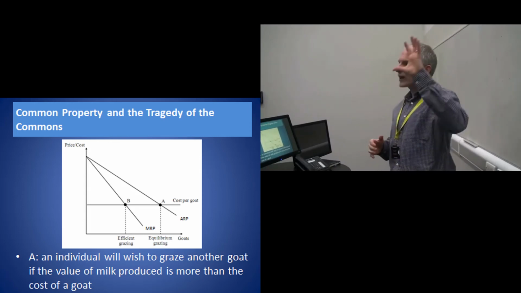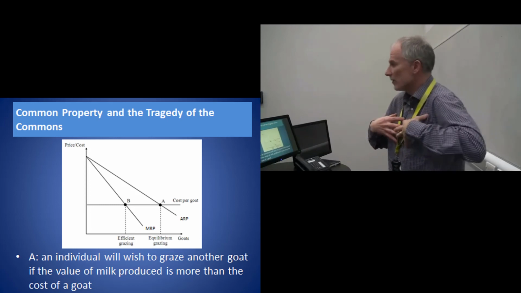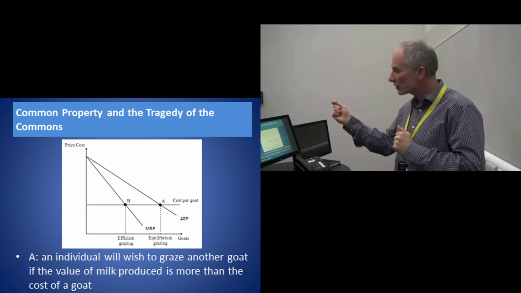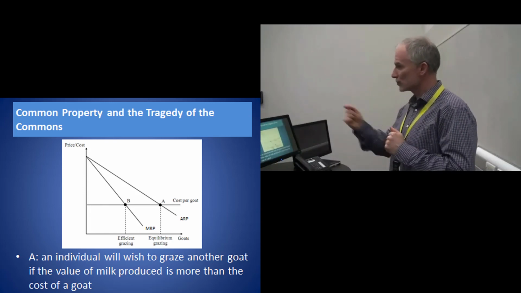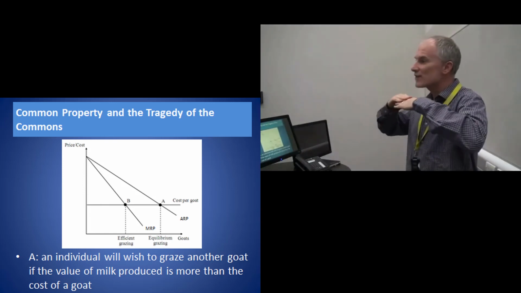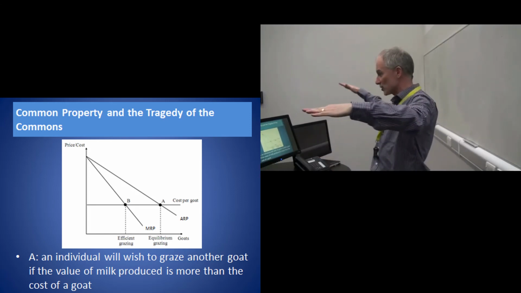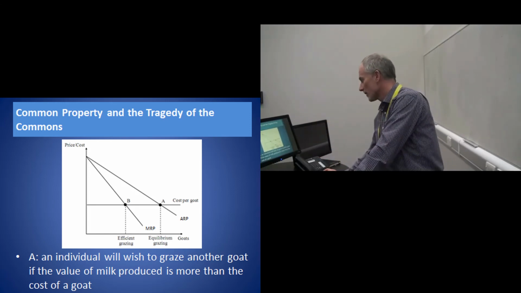You would think, okay, what's the cost to me of owning a goat? And what value of milk can that goat produce? So let's say for simplicity that the cost of a goat is fixed. It's constant.